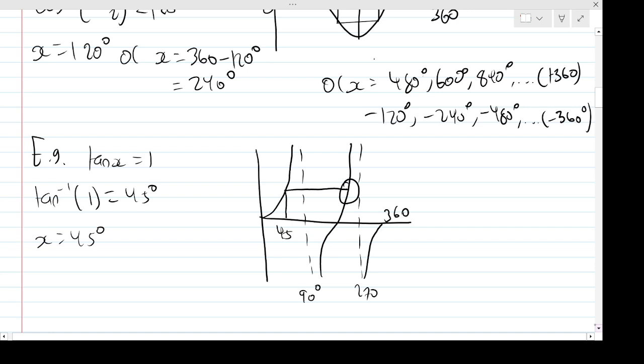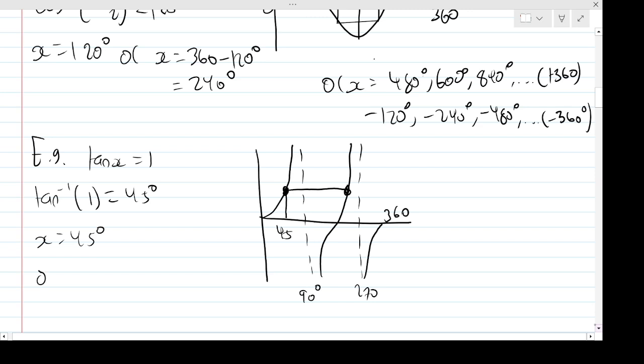So to get this next solution, hopefully you spot that this point here at 45 is the same point here, because the point's repeated. So you just need to add 180 on. It's the same point on the curve essentially, and we add 180 because that's when the graph repeats itself.